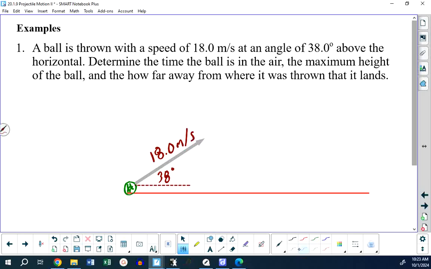The biggest problem here that students have is not realizing that that arrow does not represent the direction the ball will follow. It's the direction the ball has at this instant.